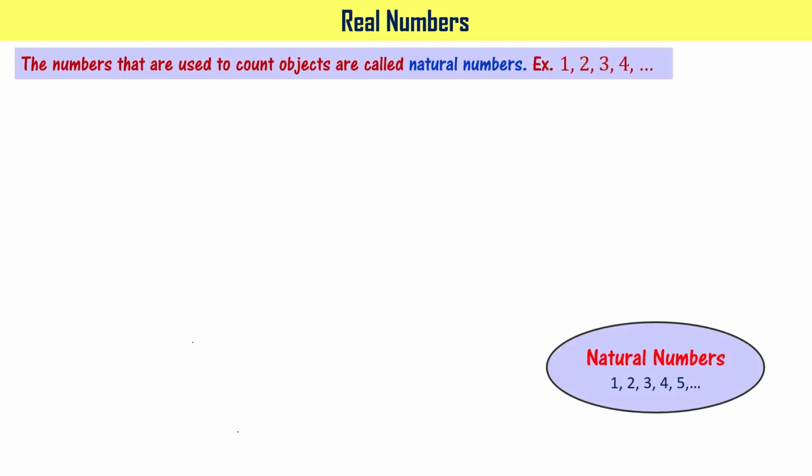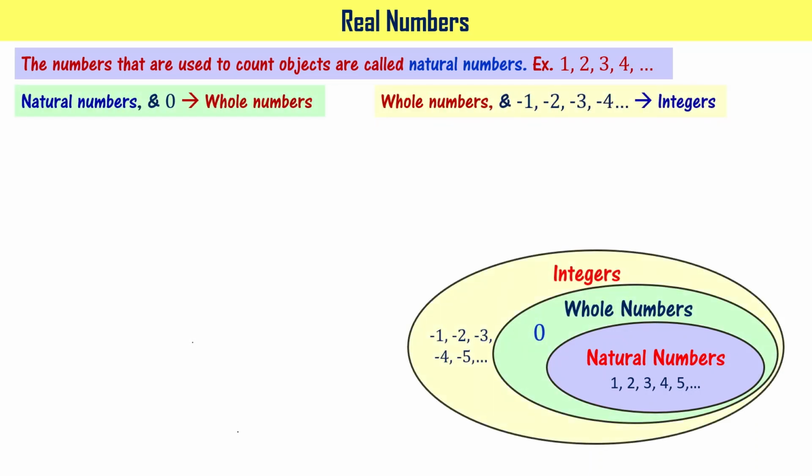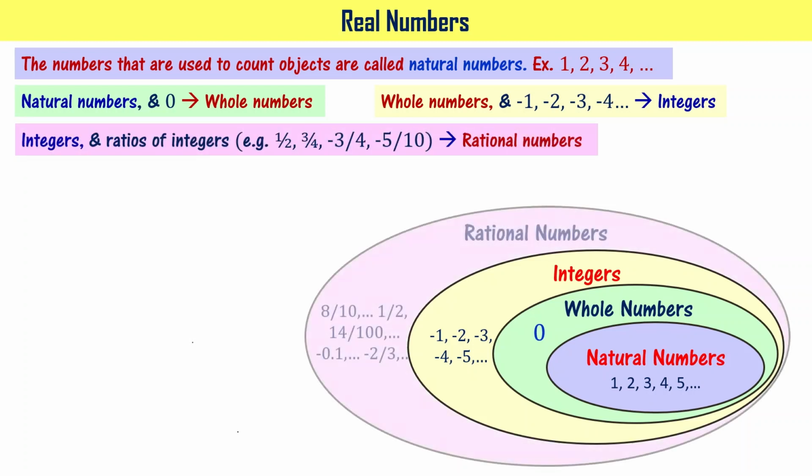Now let's look at real numbers. We said that natural numbers are 1, 2, 3, 4 and so on, right? When you add number 0 to the list of numbers, what you have is whole numbers. Then when you have negative numbers added to the whole numbers, what you have is integers. Now the numbers which can be expressed as ratio of integers are called rational numbers, we said.